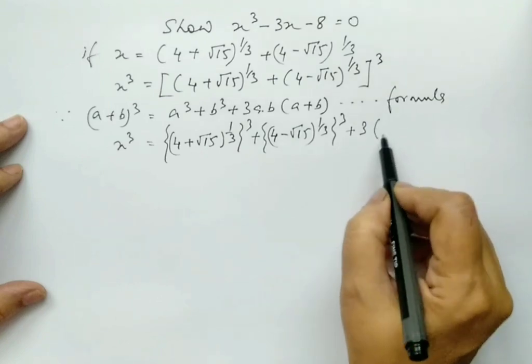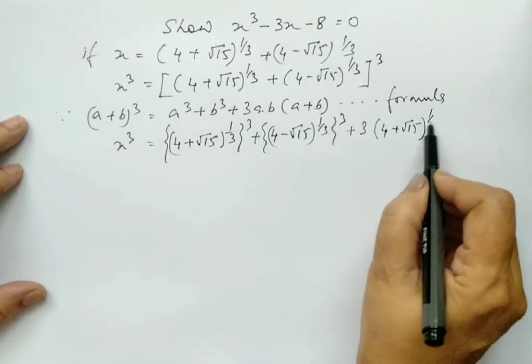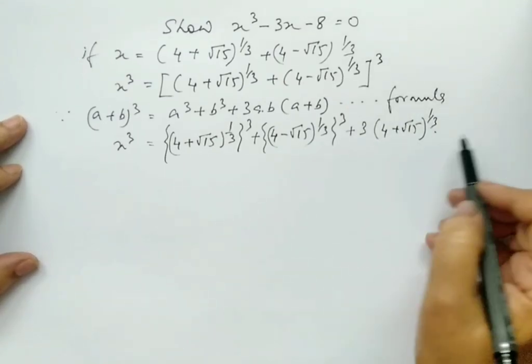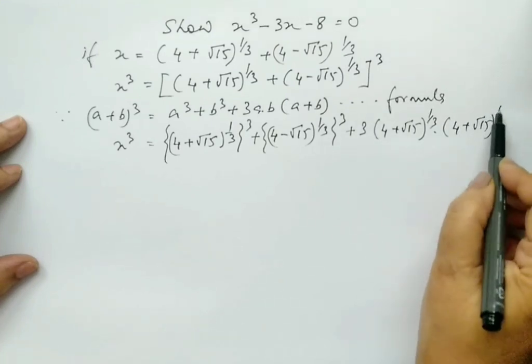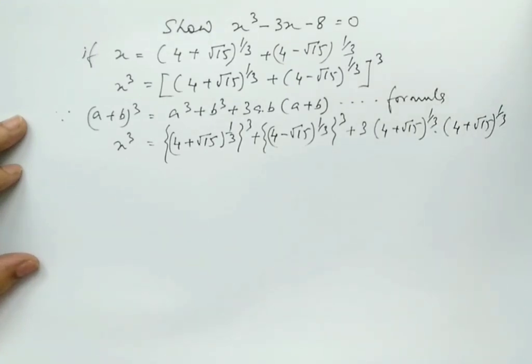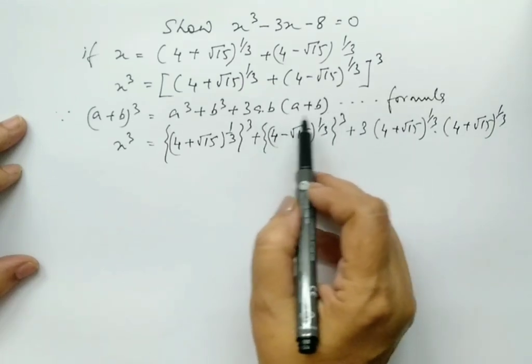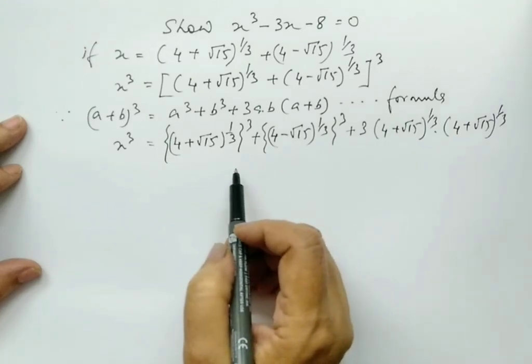So let's write 4 plus root 15 to the power of 1 by 3. Dot means multiplication. 4 plus root 15 to the power of 1 by 3. We haven't completed, guys. We still have this, A plus B, which we'll continue in the next line.